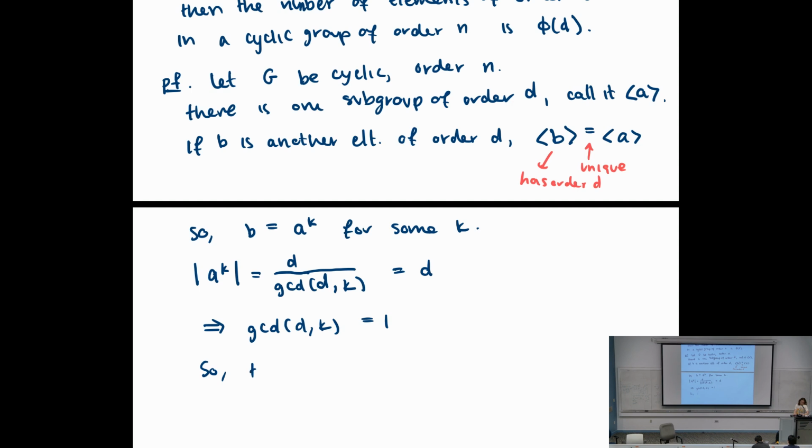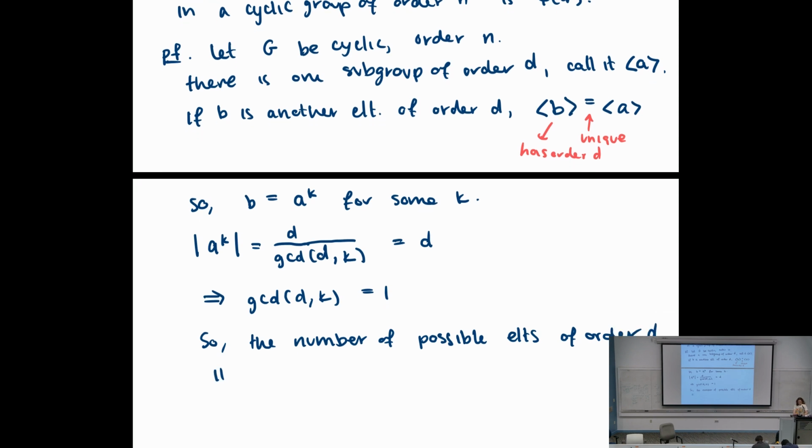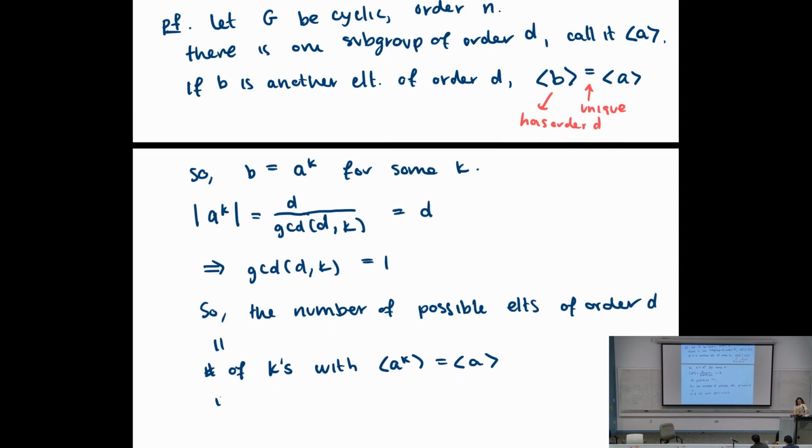So the number of possible elements of order D equals the number of K's with the group generated by A to the K equal to the group generated by A, but we know that this is equal to the number of K's with GCD of D and K equal to 1.